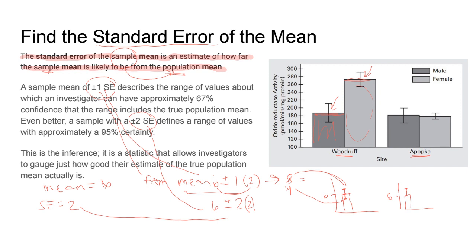So 6 plus 4 is 10, so this number right here would be 10. And then minus 4, so that number would be 2. And this is plus or minus 2 SE, and that's showing us how close our sample mean is to the actual population mean. And the number doesn't mean anything totally, it's more of a representation, because I'm going to show you on the next slide how we use it.